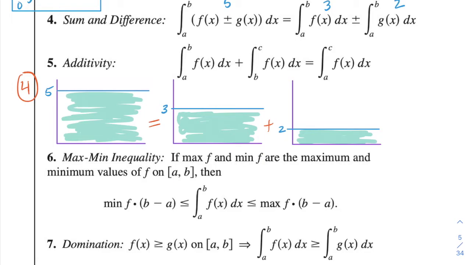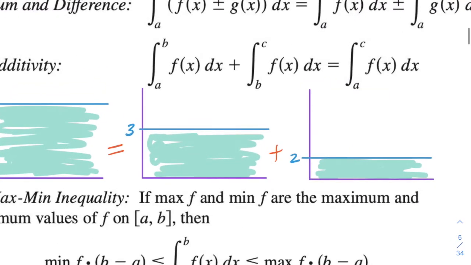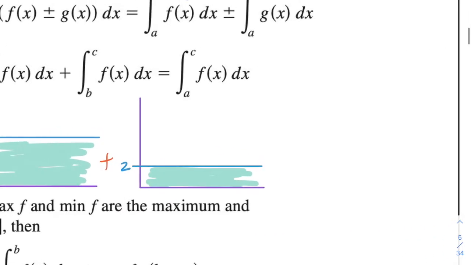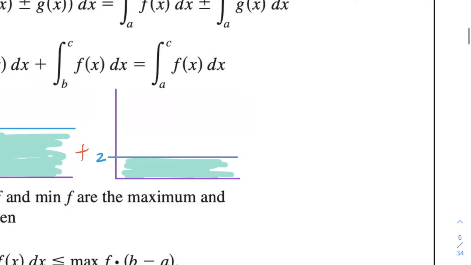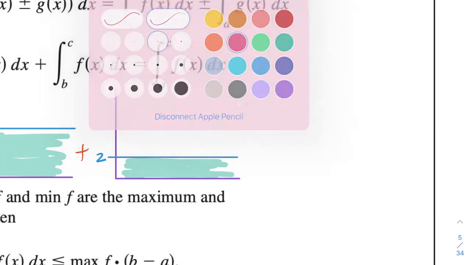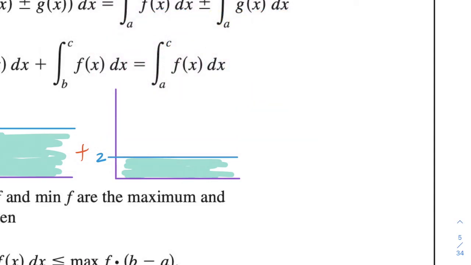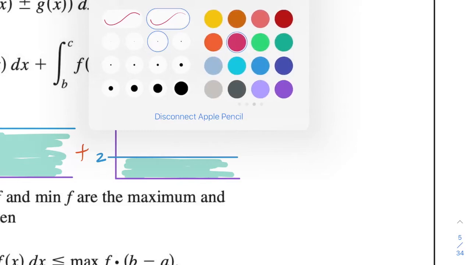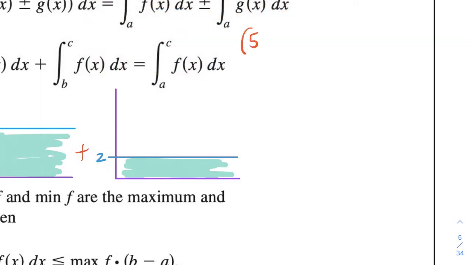And the last one, you're able to break intervals apart so you can add or subtract them. Okay, and so you can look at them. Everything that's happening from A to C. Let me do number 5.